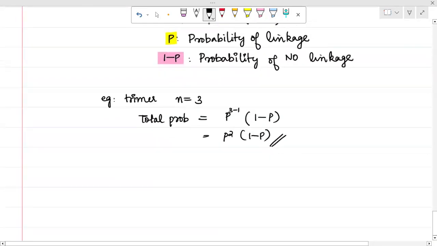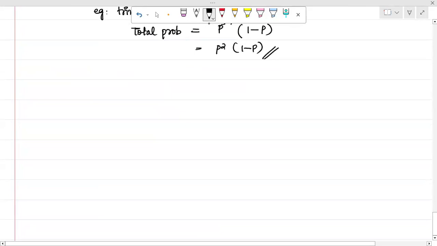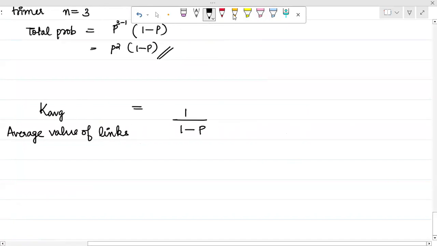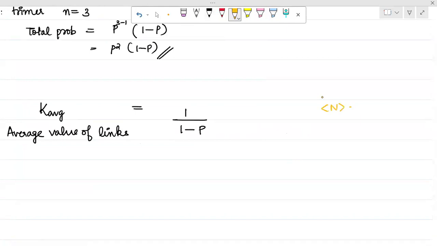And there is one more equation over here, which is the average value of links, K average. K average, the average value of links, is equal to 1 by 1 minus P. Please don't get confused. You have already learned an equation where degree of polymerization is equal to 1 by 1 minus P, where this P is the fraction of monomer consumed.